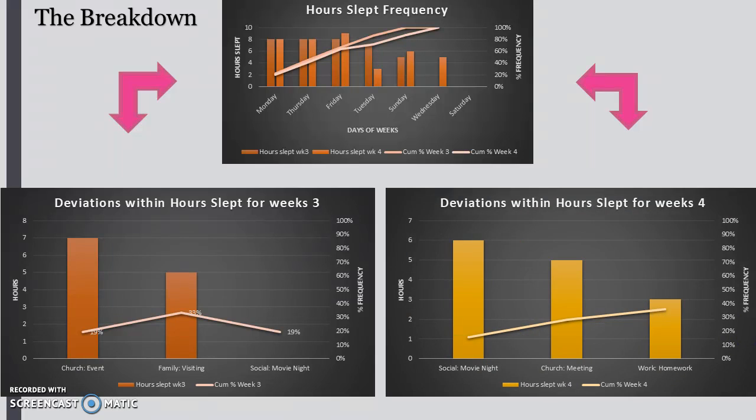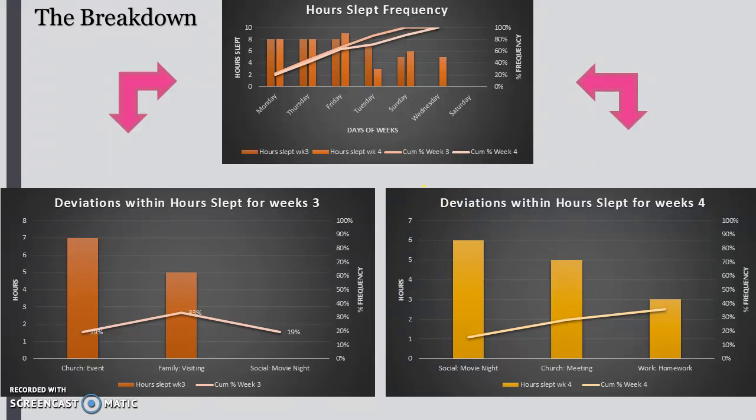And so the chart on the top here is a Pareto chart, and I just wanted to see the trends in my sleep patterns for weeks 3 and 4. But I really wanted to see each individual week. So these two charts here magnify the 2 weeks and the amount of sleep that I got.